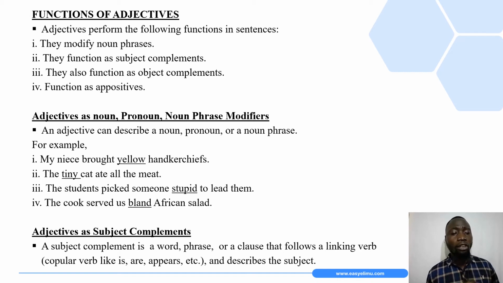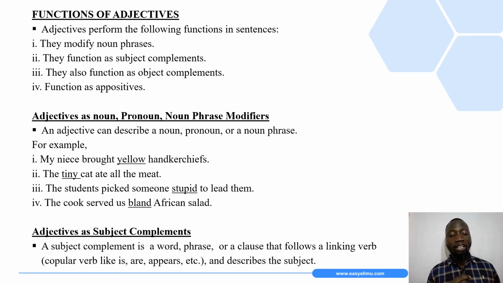So the second function, we have adjectives functioning as subject complements. Dear students, a subject complement is a word or a phrase or sometimes a clause that follows a linking verb.